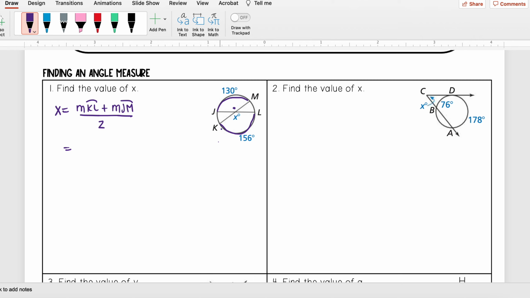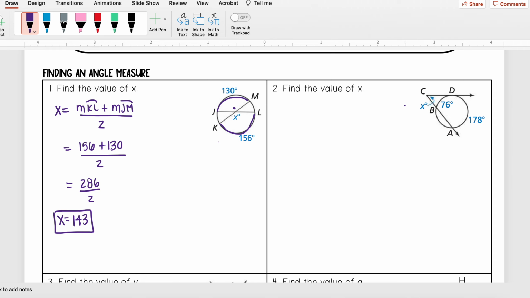Well, arc KL is 156, so I have 156 plus JM, which is 130, divided by 2. And then when I add those together, 156 plus 130, I get 286. And then when I divide that by 2, I get 143. So x is equal to 143.